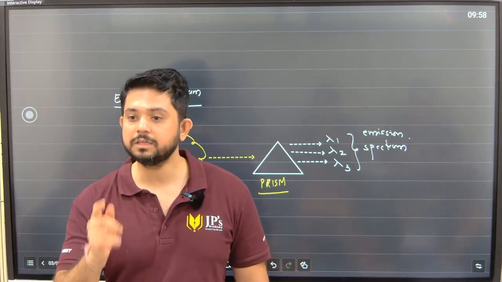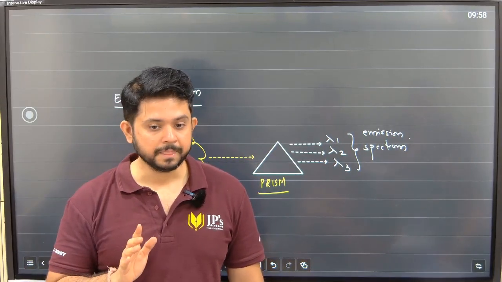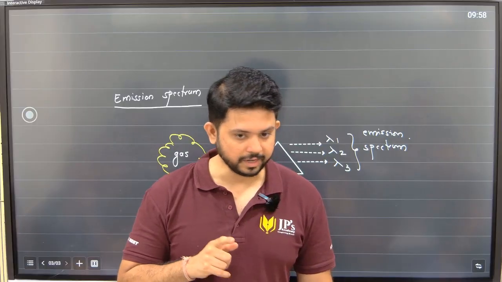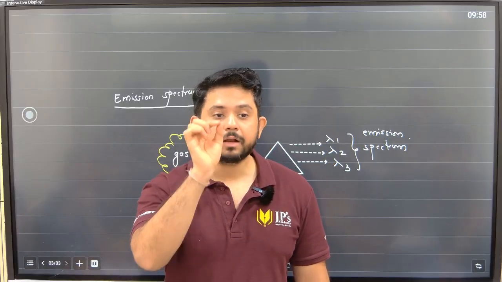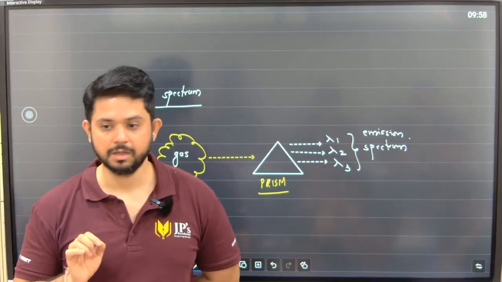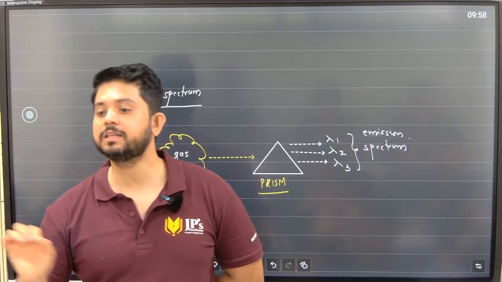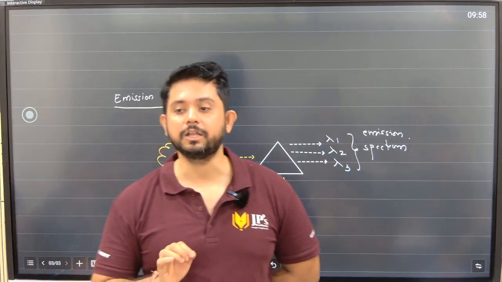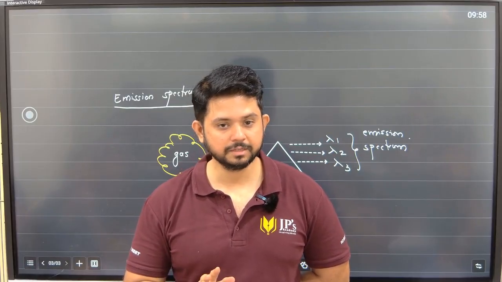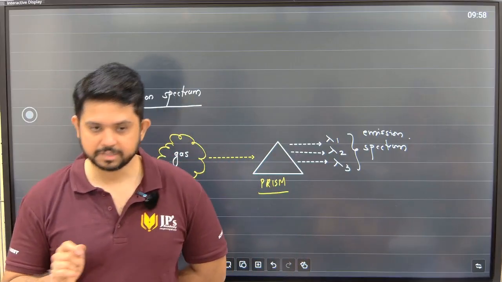Now that's called as a continuous spectrum. But what happens in a discontinuous spectrum or a line spectrum, जब हम उसको पढ़ेंगे, is you see colors which you can distinguish between each other. आपको individual color दिखता है in a discontinuous spectrum. Did you people get that? Yes or no? We'll study this in detail.